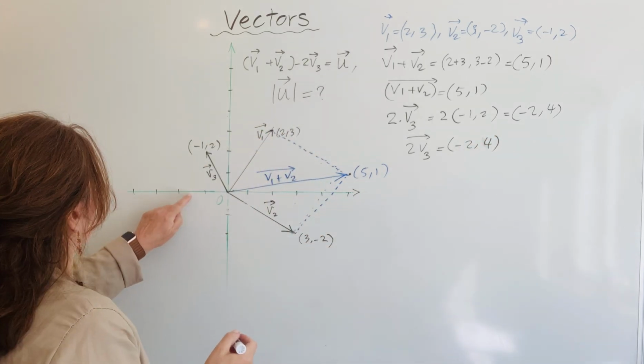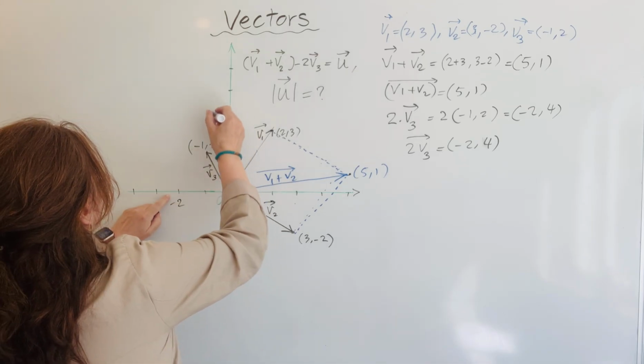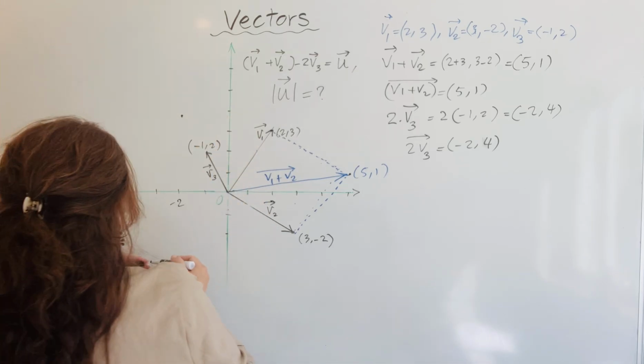What is this? Negative 2 and 4, somewhere here, right?